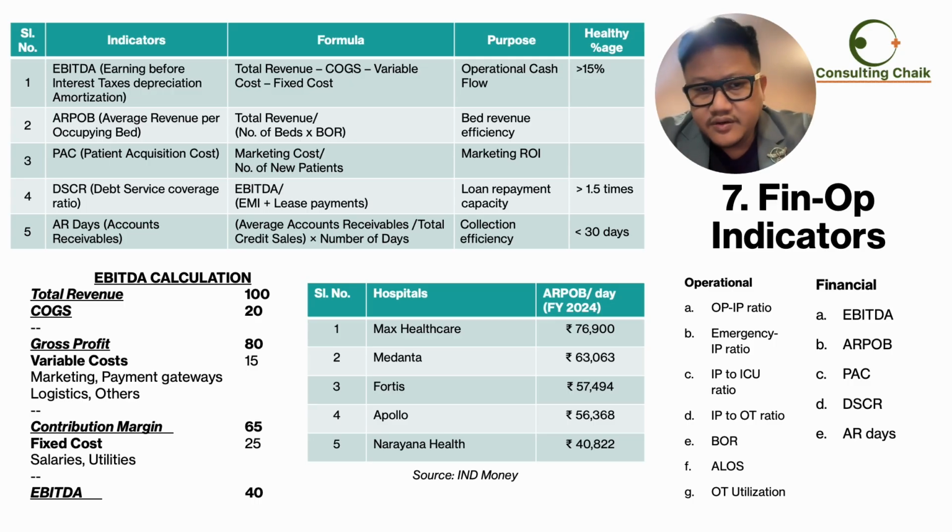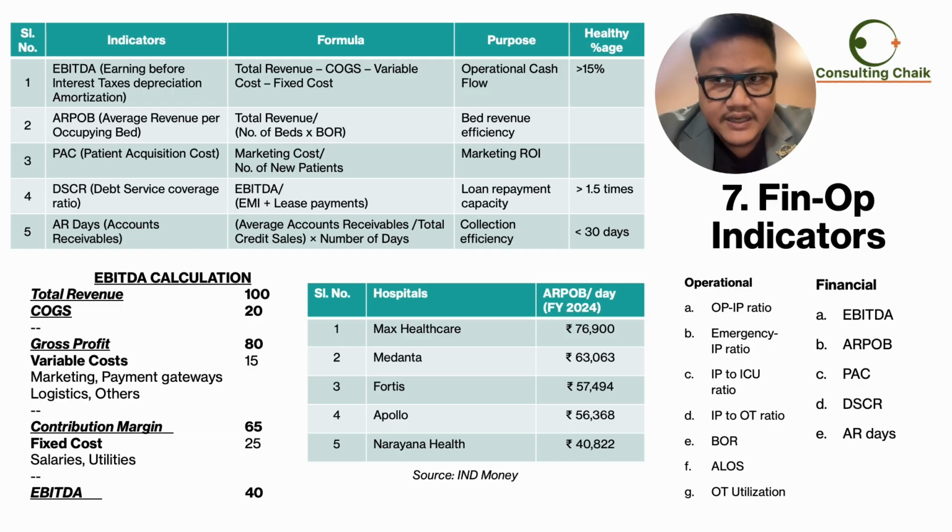And then comes your AR days. AR is accounts receivable. It is calculated with average accounts receivable in the numerator, and in the denominator you have total credit sales, which has to be multiplied by the number of days of that particular month. Then what you get is AR days.